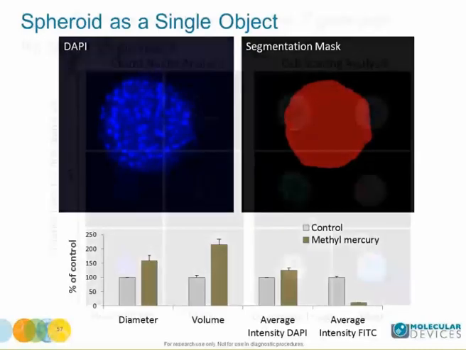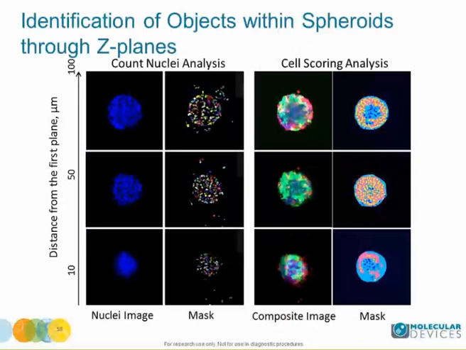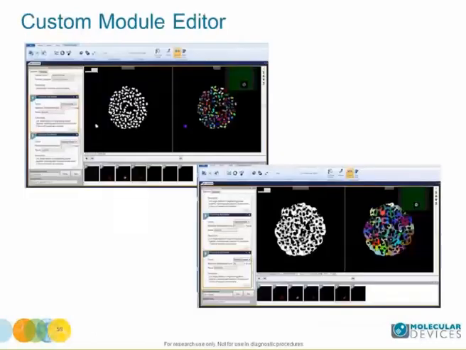Software also allows to detect small objects within spheroids. Here you can see example of count nuclei segmentation and cell scoring analysis. Custom module editor is usually used for analysis, which allows to design number of steps, allowing to detect and quantitate and characterize nuclei, cytoplasm, and cells.